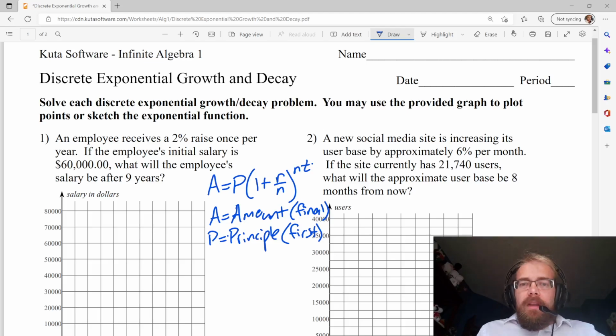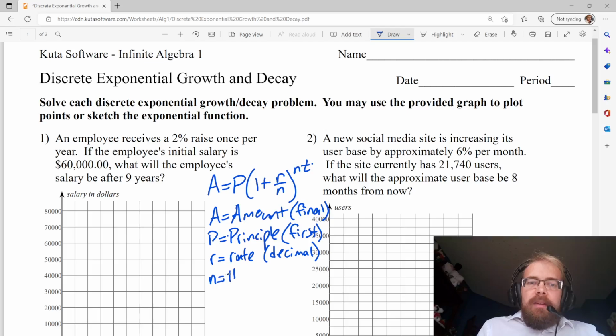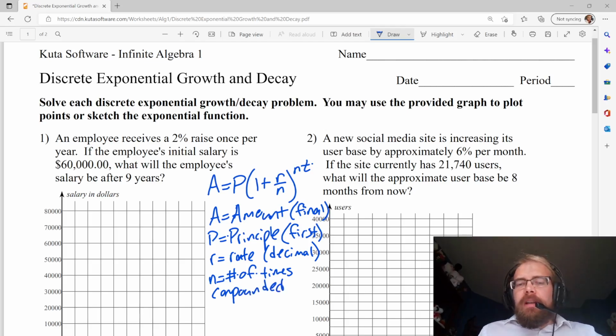Then the other letters: R is for rate, and we want to write that as a decimal, so when they give us a percent, we need to change it to a decimal. N is the number of times compounded, normally in a year if you're talking about money. It doesn't have to be. It's basically whatever T is.